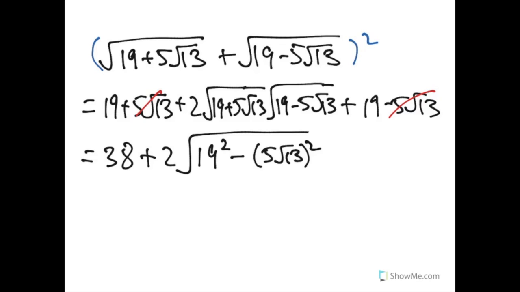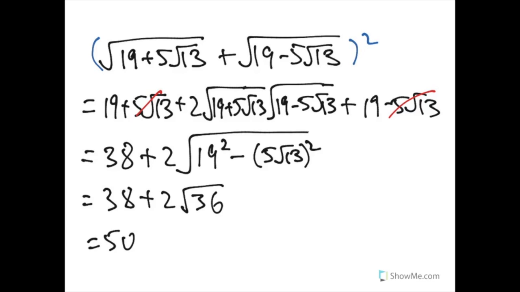And after working with this thing under the square root, we see that this is equal to 38 plus 2 root 36, and root 36 is 6, so this will be 38 plus 2 times 6, or 38 plus 12, or 50.